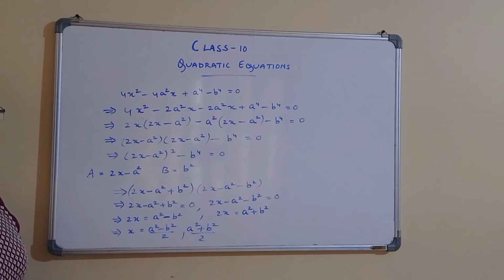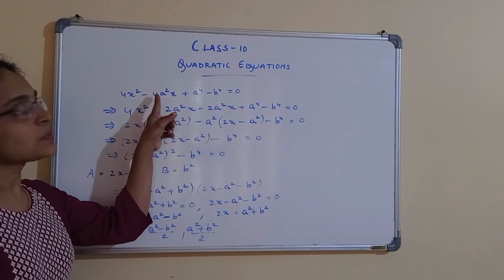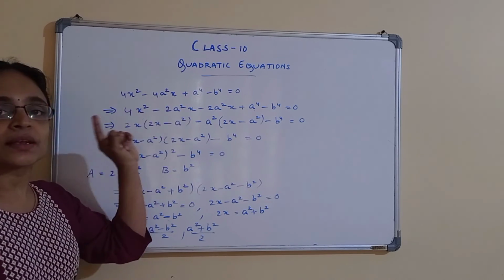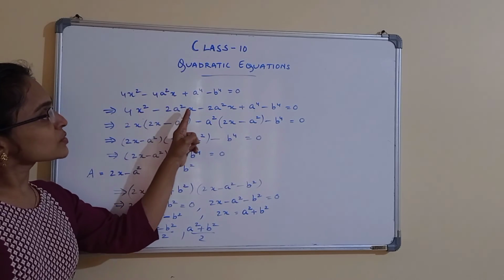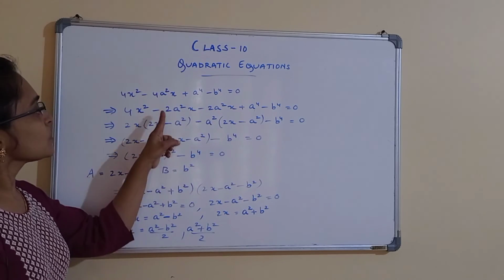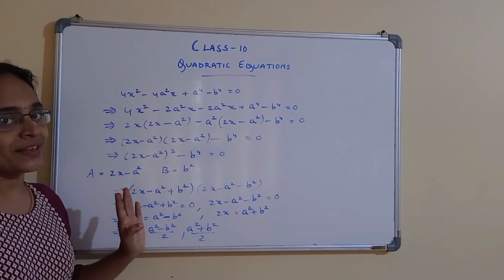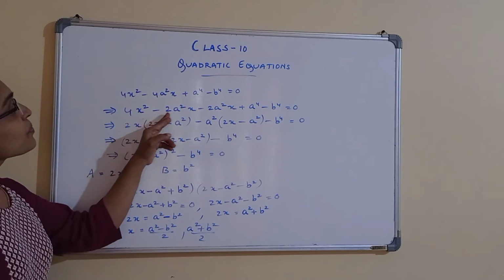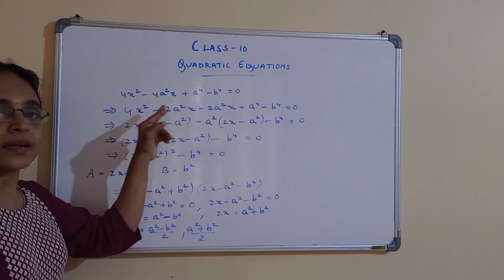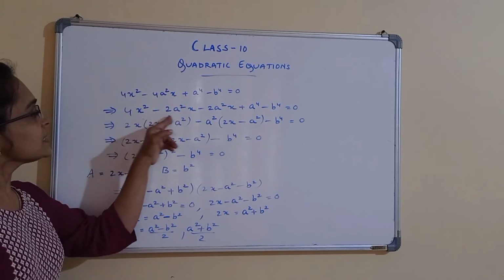Okay, understood? So, what we have done is we have split it into minus 2a square x minus 2a square x, because minus 2a square x minus 2a square x is minus 4a square x, right? And we have taken 2x common from these terms.